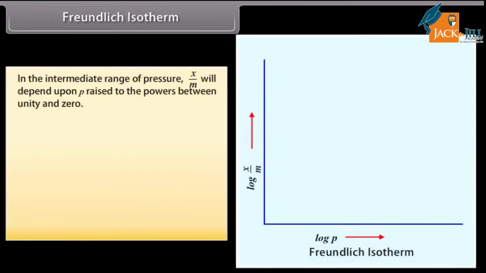Freundlich isotherm. In the intermediate range of pressure, x/m will depend upon P raised to powers between unity and 0.